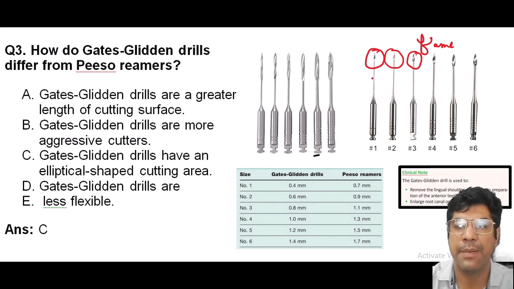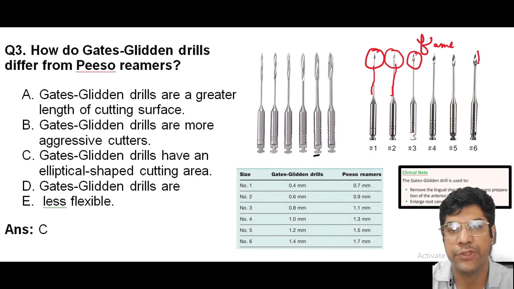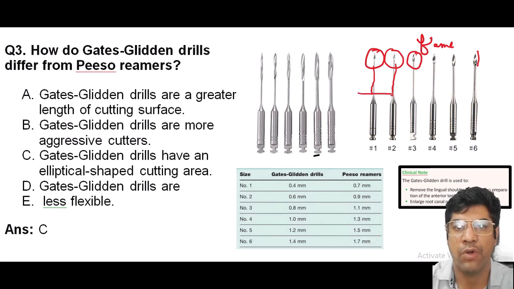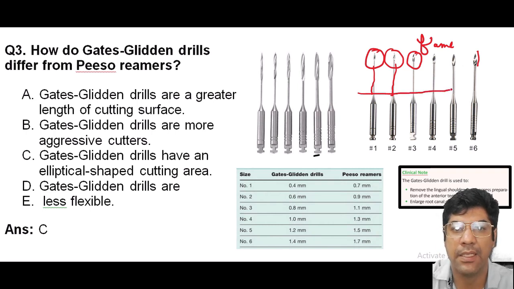So this flame shaped head cuts laterally, and it is used with gentle apical pressure. The long shaft is designed to break at the neck portion, so it generally breaks at the narrow diameter.